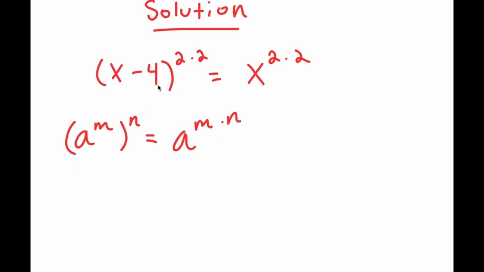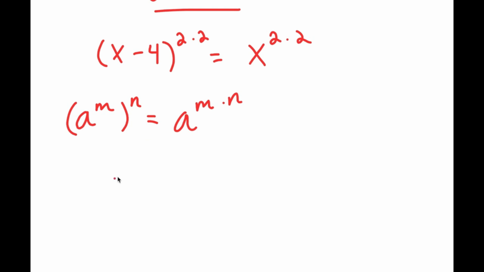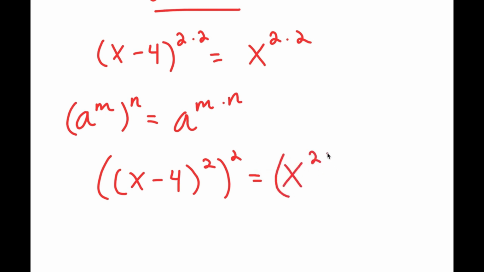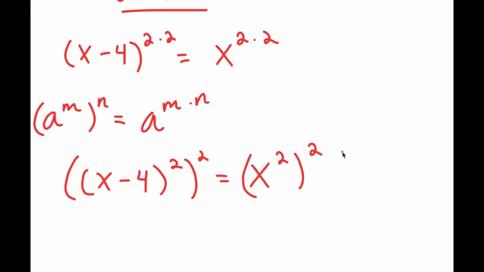So using this property, I can rewrite (x − 4)^(2×2) as ((x − 4)^2)^2, and I can rewrite x^(2×2) as (x^2)^2.